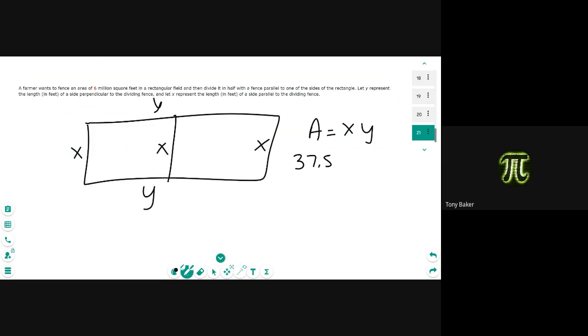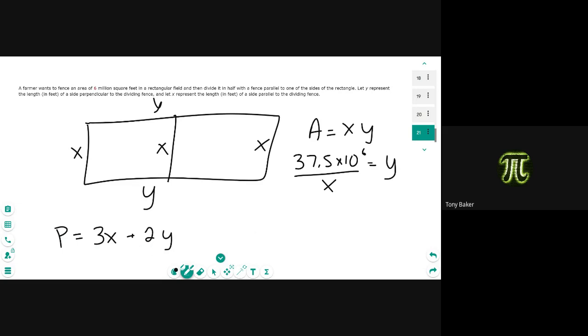Yeah, so times 10 to the 6th equals xy. If you divide that by x, you get y. So now my perimeter is 3x plus 2y.